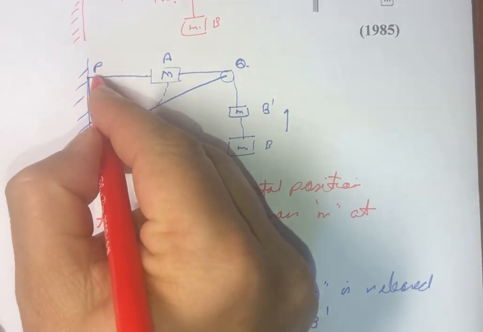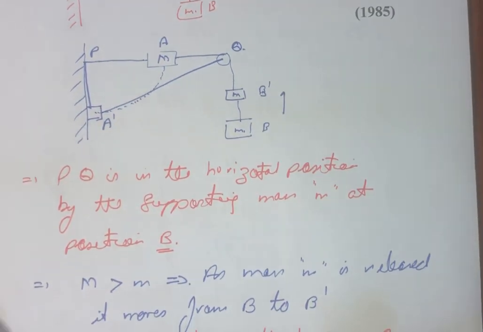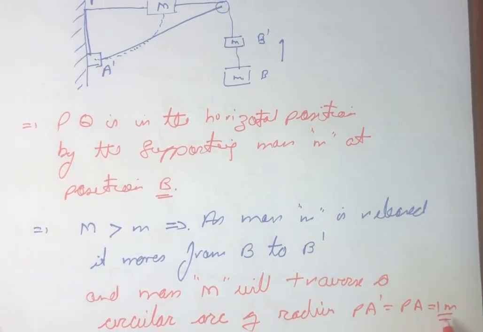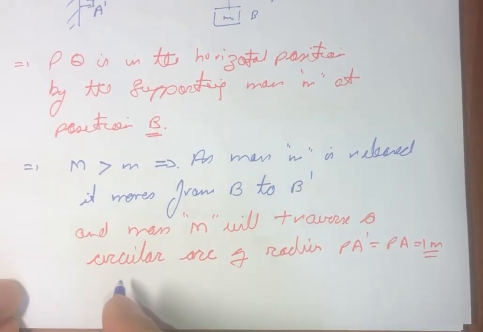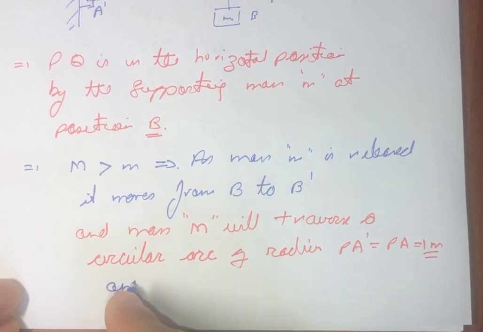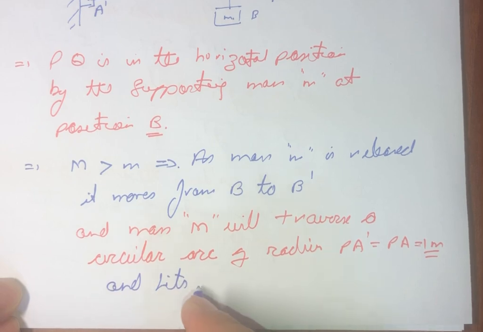Therefore PA prime is equal to PA, which is 1 meter, and it hits the wall.